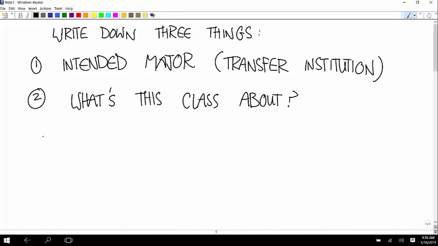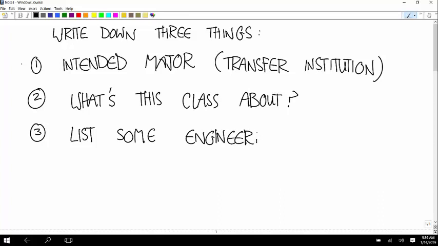And then the third thing is list out some engineering applications that you could imagine dynamics being useful for. If you can think of detailed things, tell me that. If you can only think of general things, tell me that.